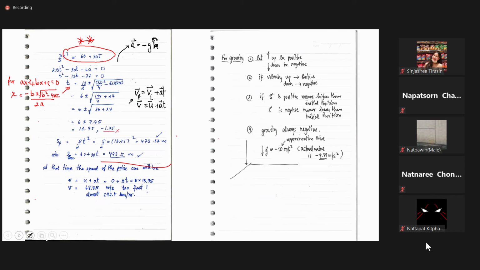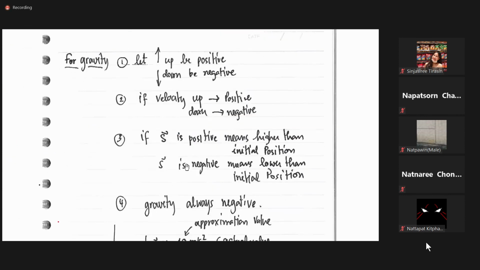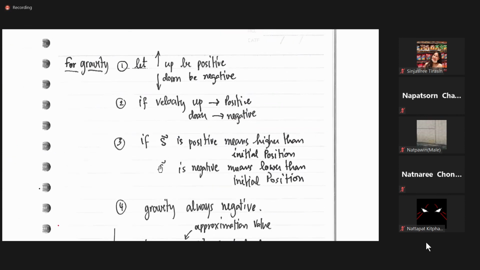Now for the next step. In this particular question of constant acceleration, as I mentioned before, gravity is one of the cases where the acceleration is constant, because the Earth pulls every object with constant acceleration.